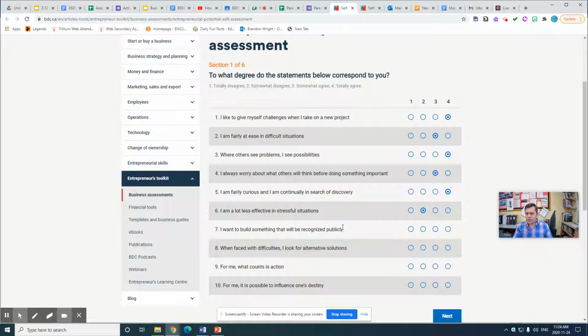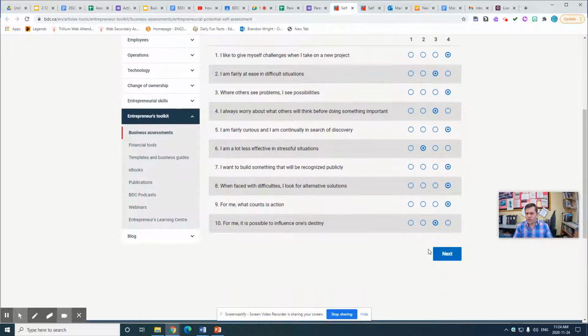I want to build something that will publicly be recognized. Yep. When facing difficulties, I look for alternative solutions. Absolutely. For me, what counts is action. Yes. For me, it is possible to influence one's destiny. Absolutely. Somewhat agree, yes. And then you go on to the next page.